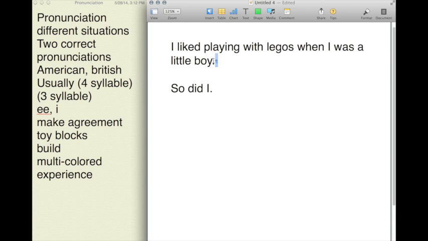One person says, I liked playing with Legos when I was a little boy. Another one is, so did I. That means, I also did. You could say, I did also. That's okay, but this is really not very common. This is more common. So did I. Okay, let's try another example.